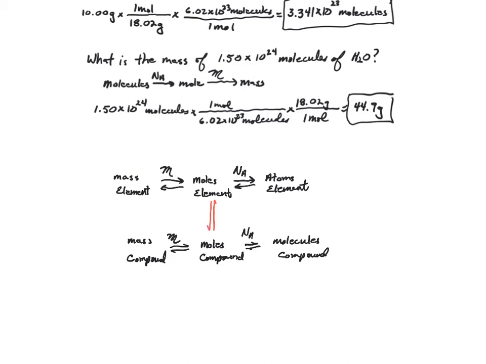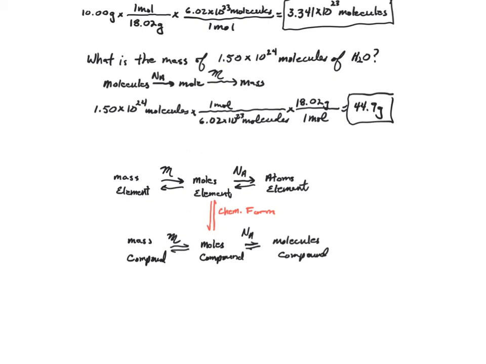Okay, so here you can see that we can link the moles of the element to the moles of a compound via the chemical formula. We'll talk more about that in the next chapter actually, but the chemical formula tells us the number of atoms of each element present in a particular molecule.